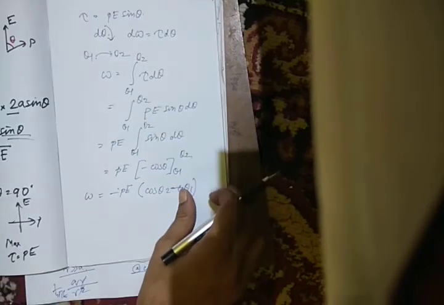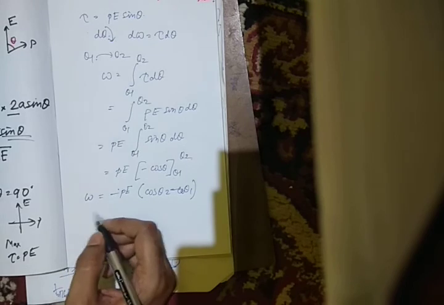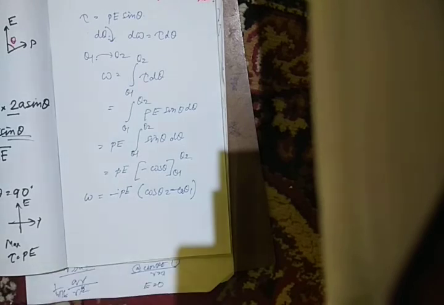This work done is stored in this dipole in the form of potential energy. Now in case of potential energy, we first mention a zero level, and in this case at 90 degrees the zero level is taken.